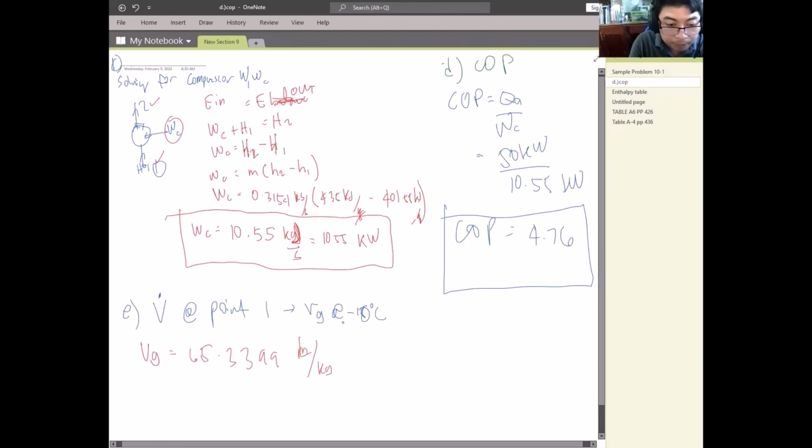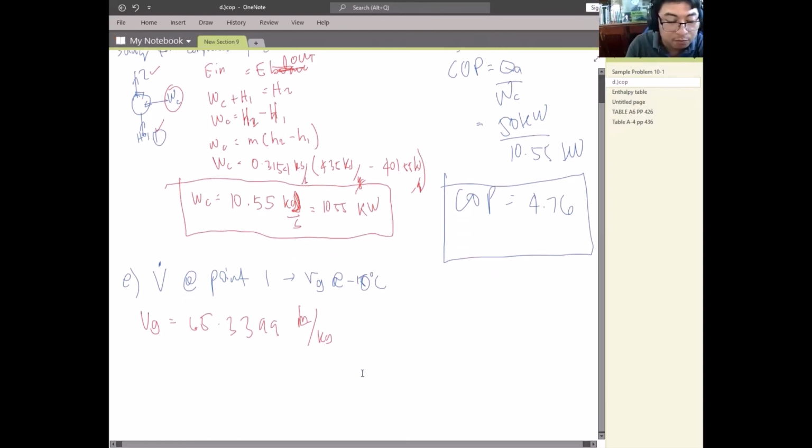Okay, this is the specific volume. So we will convert. For every meter cube, there is 1,000 liter. So our VG will be 0.0653399 meter cube per kilogram.